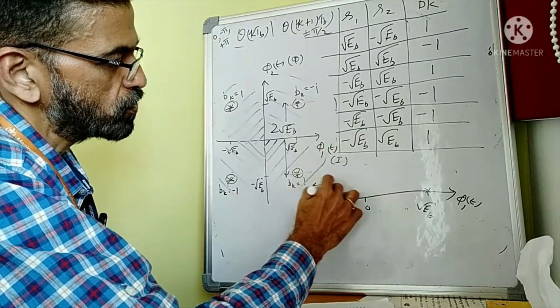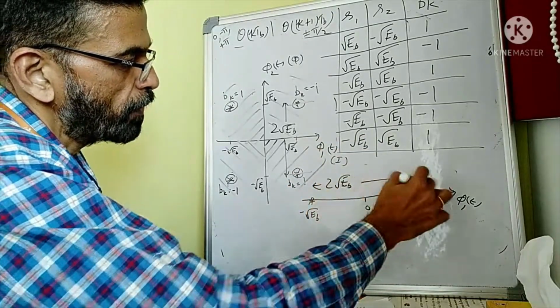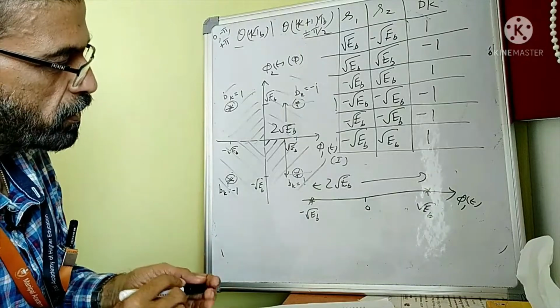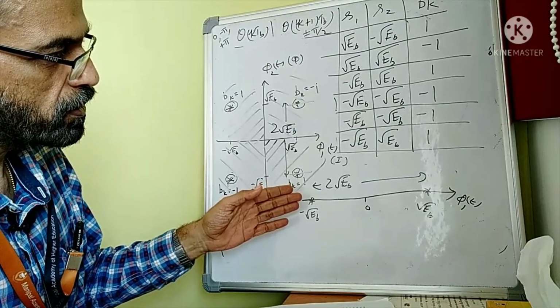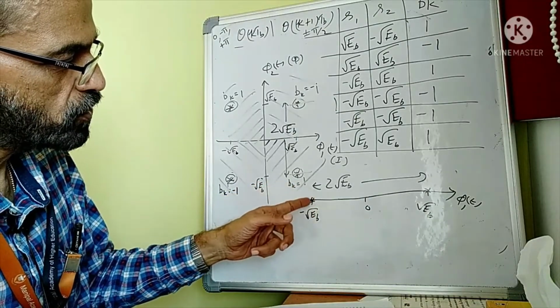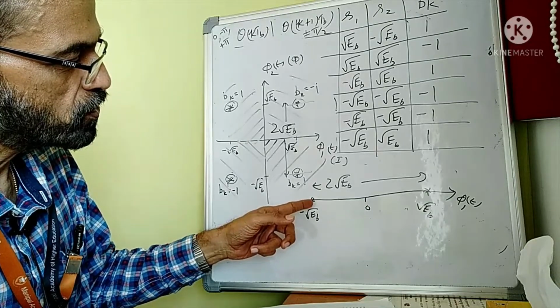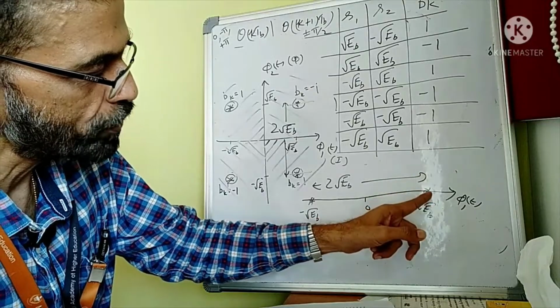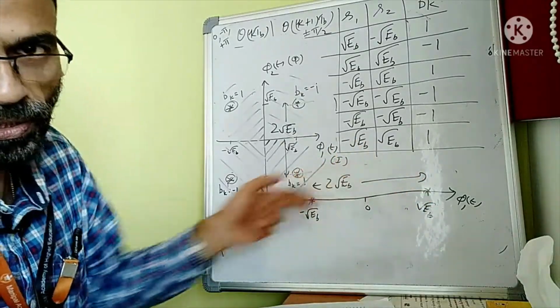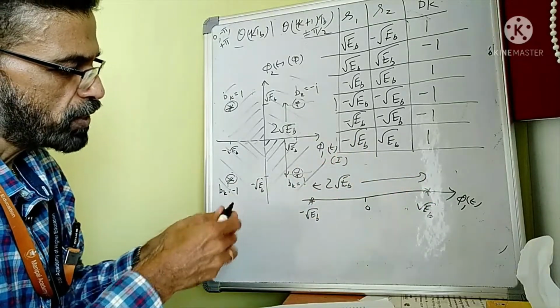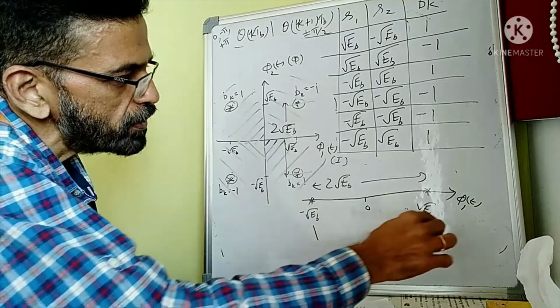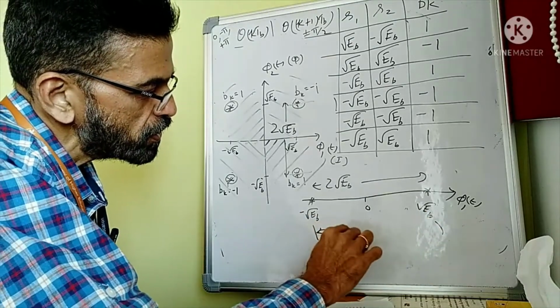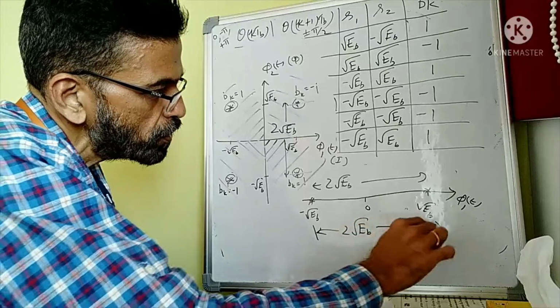The distance is 2 root EB, and error in detection happens when this is the actual transmitter, it is detected as this. This is the actual transmitter and it is detected as this. Any one of these two is an error, and we see that the distance is 2 root EB.